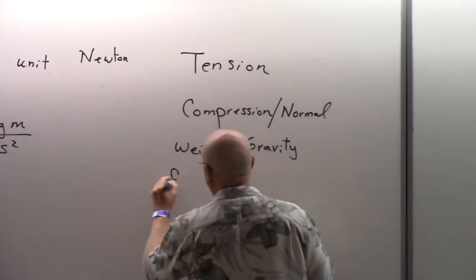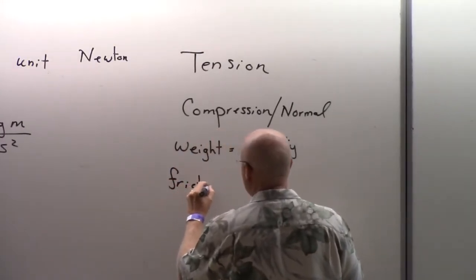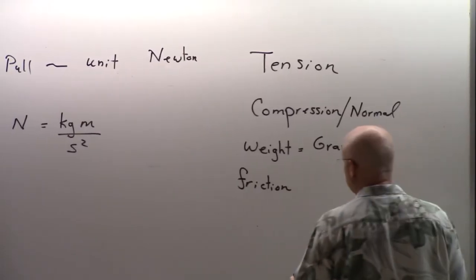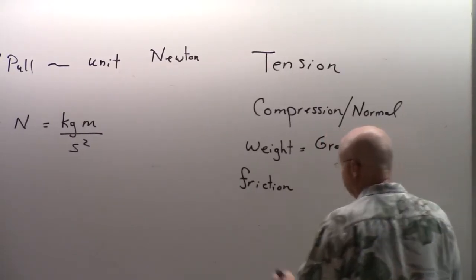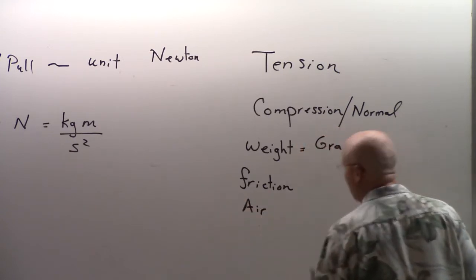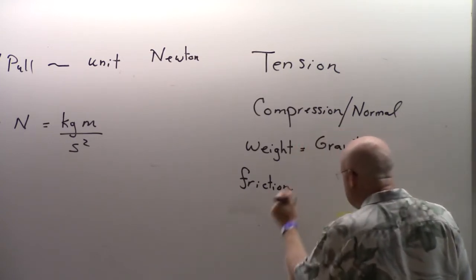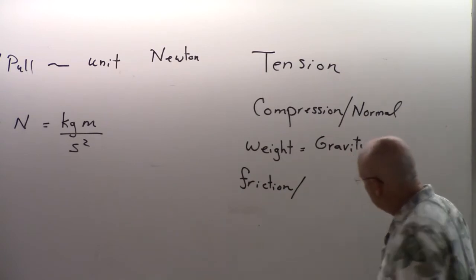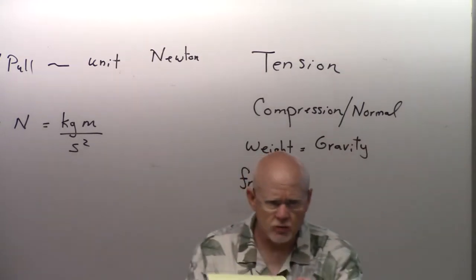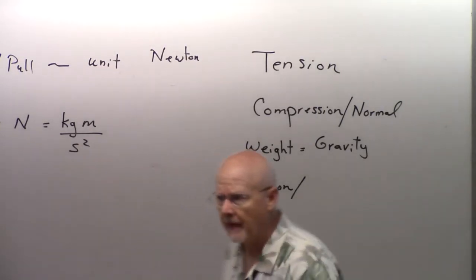Another one I want to kind of introduce you to is frictional force. I guess air resistance. In fact, maybe I'll put those kind of together here because what we really call friction is when two solid objects rub against each other.